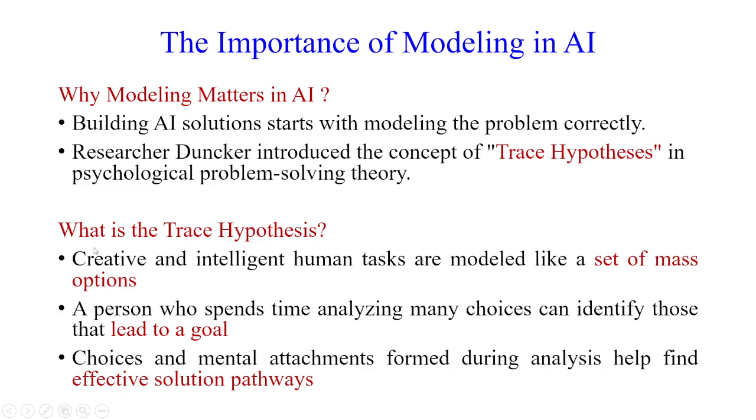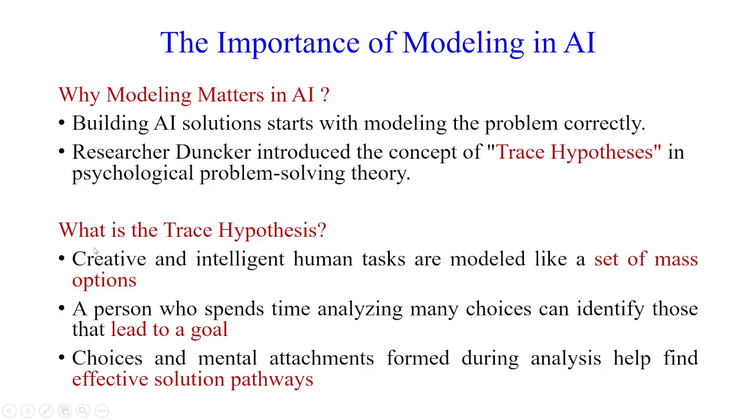This is exactly what AI systems try to do: explore options and find the best solution or the best available path. And importantly, the choices and the mental associations formed during this analysis help to find effective solutions.